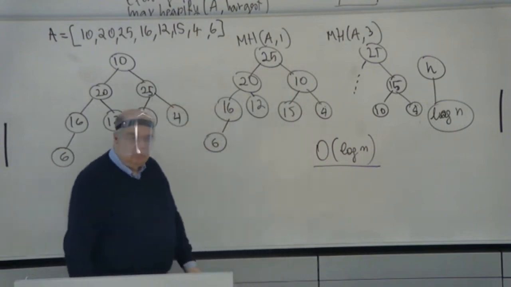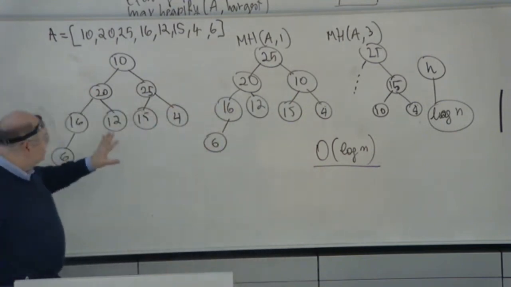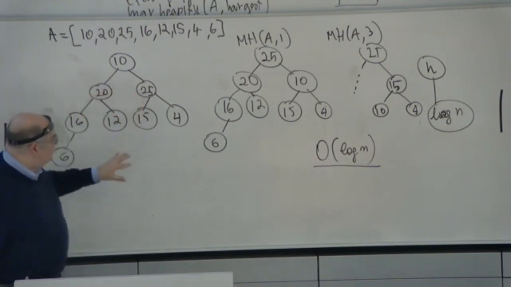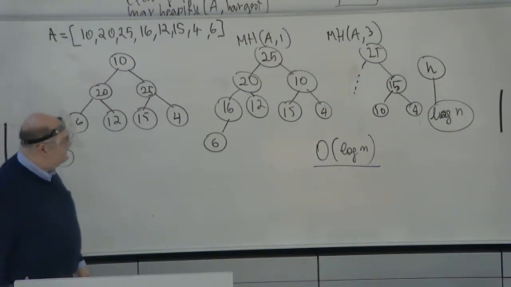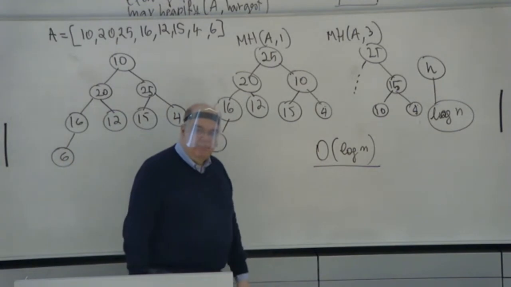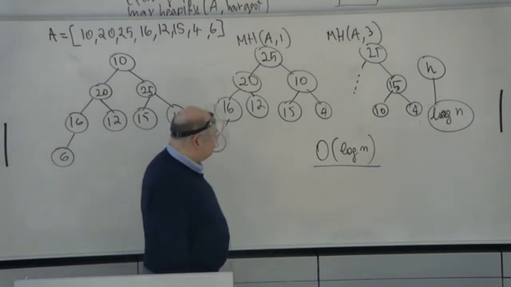The assumption is that everything else is already okay, so both the left and the right subtree already have the max heap property.